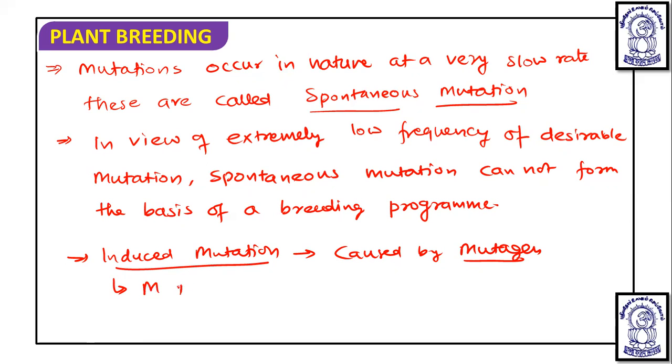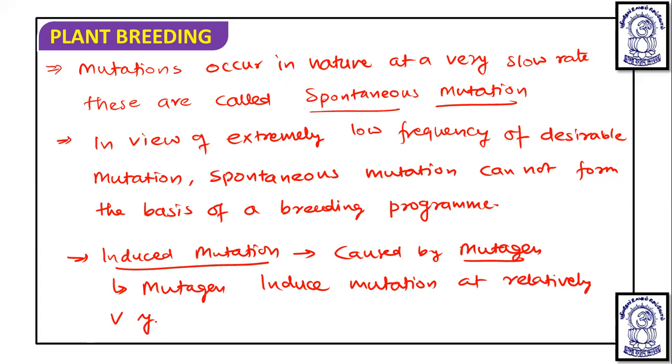It is known that mutagens induce mutation at a relatively very high rate, and this has made mutations usable in plant breeding.